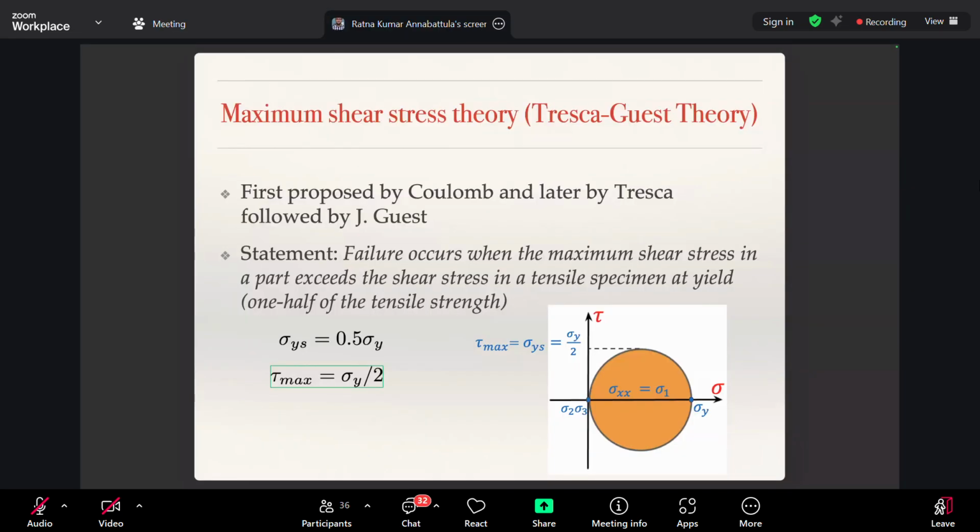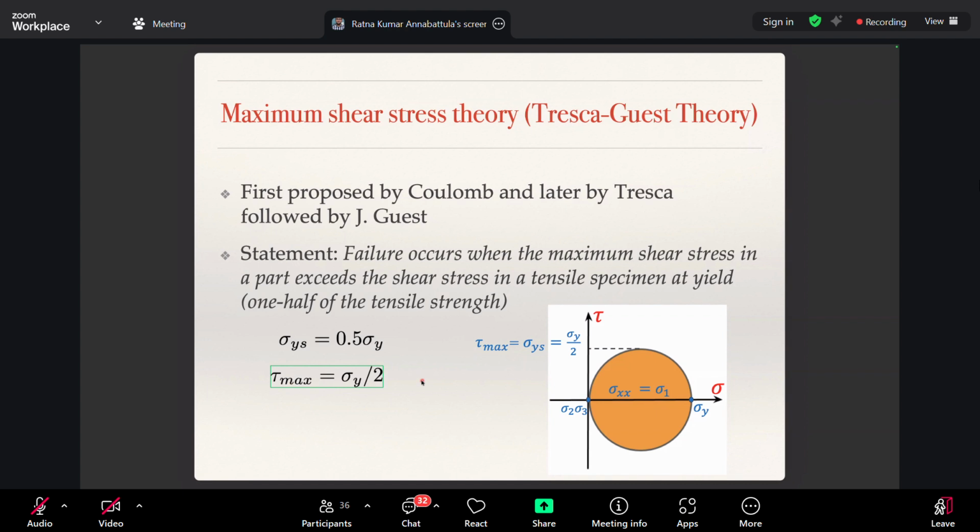So coming back to the slides, that is precisely what I have described until now. The shear yield strength is sigma y by 2. So when the maximum shear stress is equal to sigma y by 2, that is when failure happens.